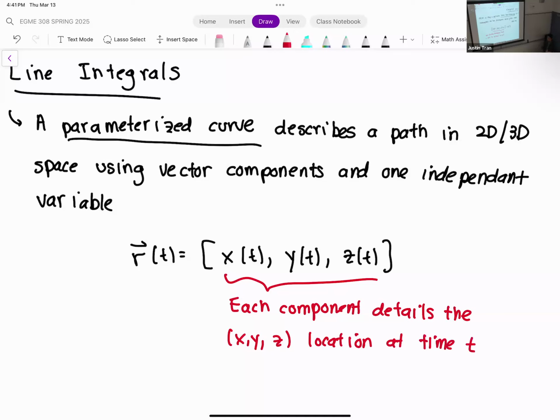In this case, t is our parameter of our parameterized curve, and x, y, z describe the location at that time t.